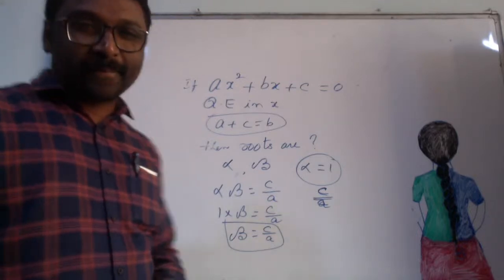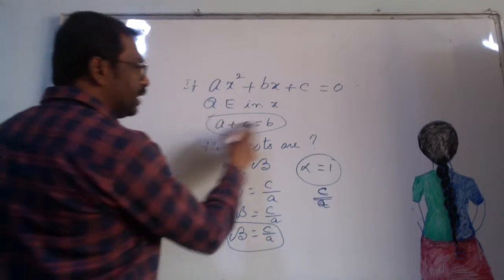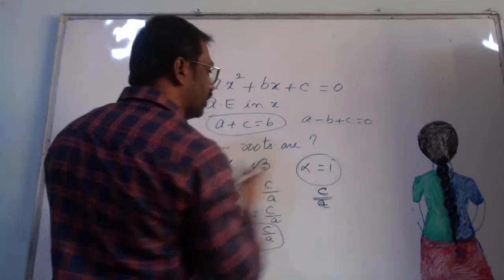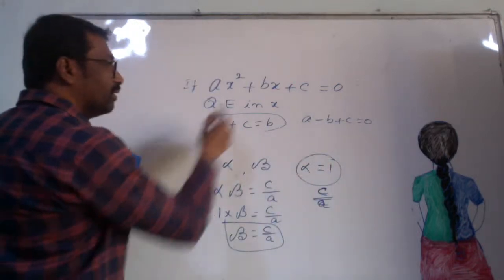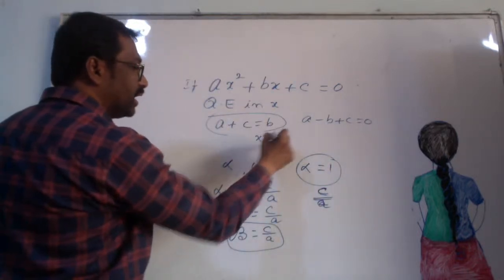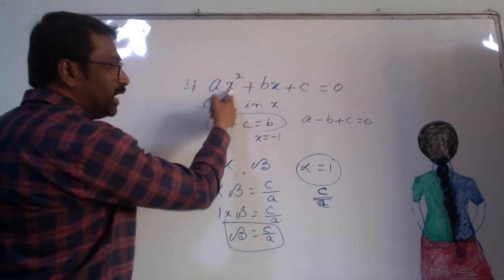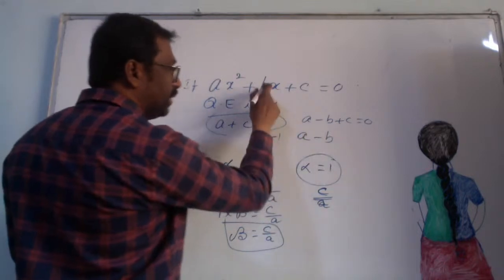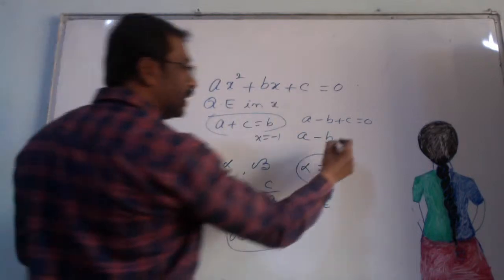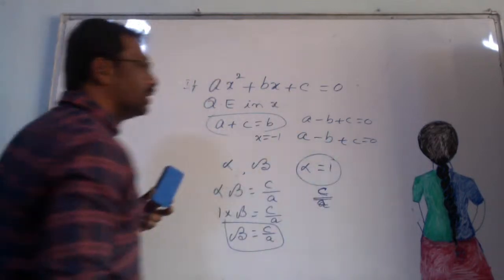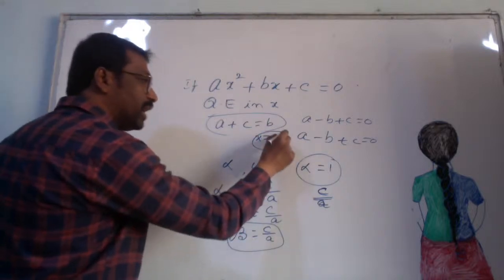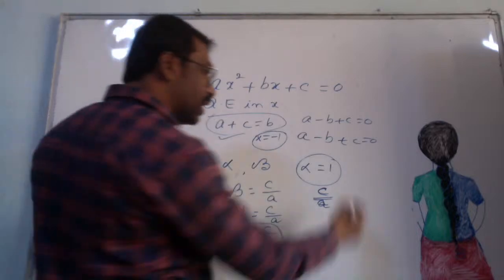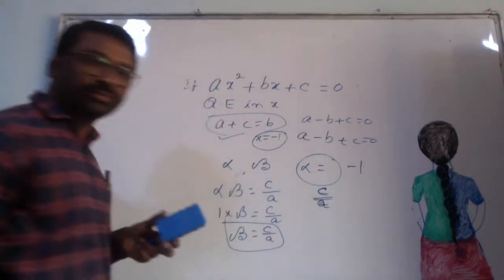Anyone can try? A plus c equals b means a minus b plus c equals 0. When x value is minus 1, minus 1 whole square means plus a, minus b into minus 1 is minus b, plus c equals 0. That means for x equal to minus 1, you get a plus c equals b, so one root is minus 1.